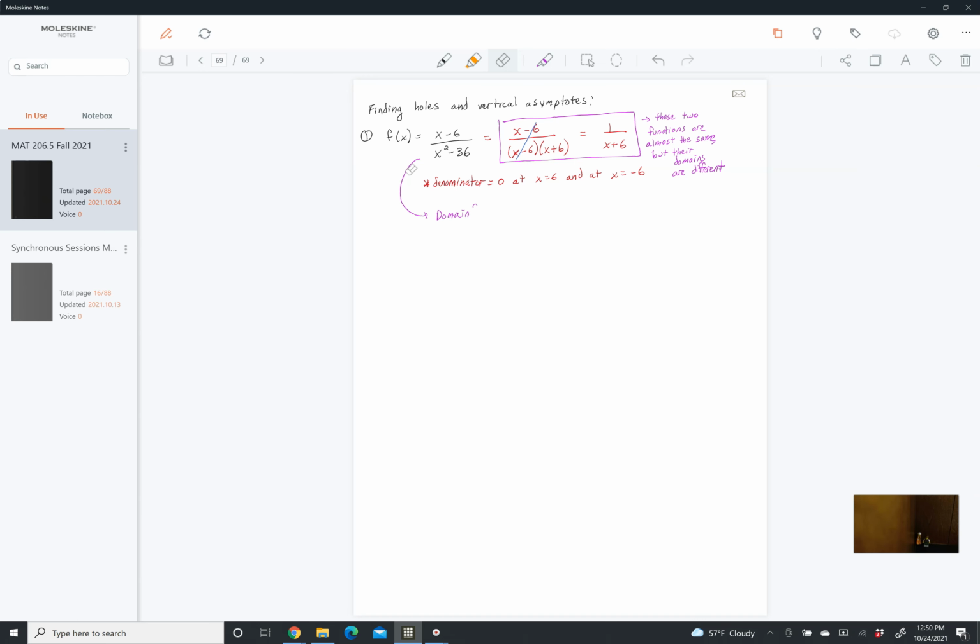Okay, so let's take another example. f of x equals x over x squared minus 25. So what does this equal? Well, x squared minus 25 is a difference of squares. It's x plus 5 times x minus 5.